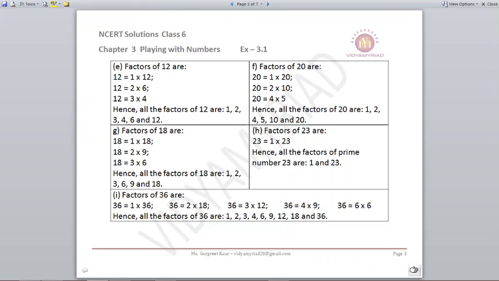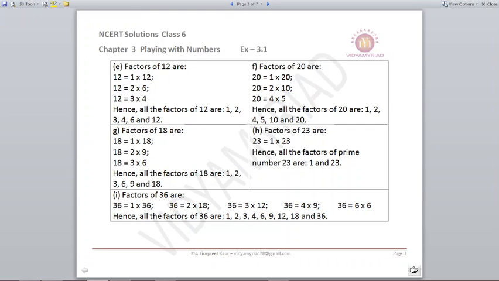Next 36. On what table will 36 come? 1 into 36. It will go on 2 also. Now children, whatever even numbers we have, 2 will be a factor of all of them. You may start with 2 whenever you think of an even number. So 36 is also an even number. So it will go on 2.